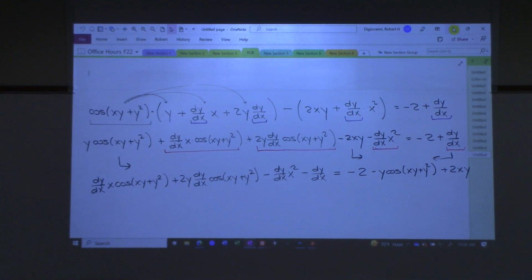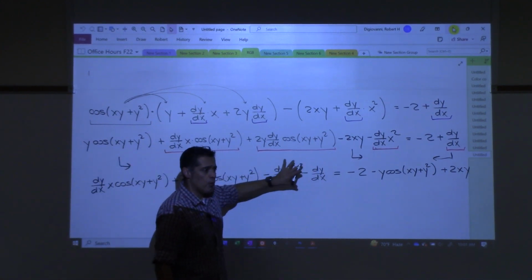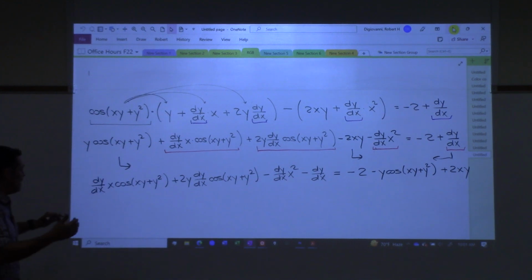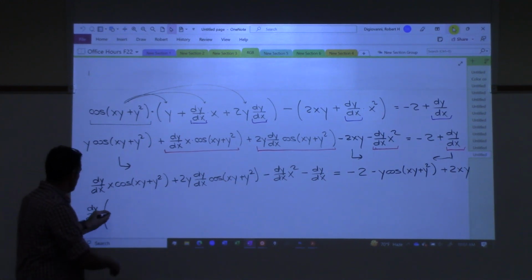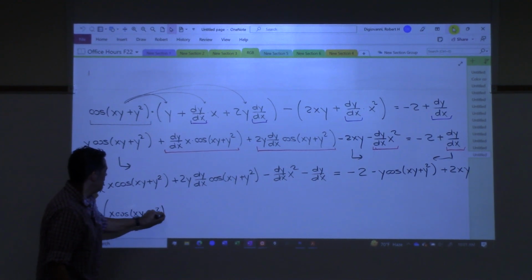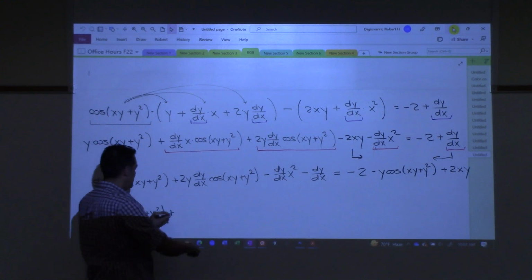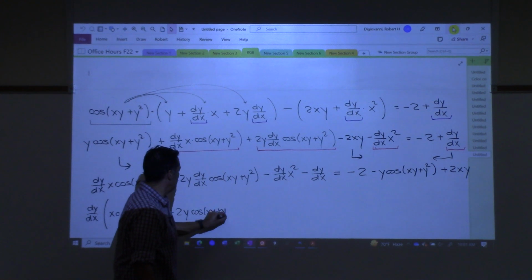We're 2 steps away. What was the point of that? So you can factor dy dx out as a GCF. So all of these over here, all 4 terms, all 4 of them have dy dx in them. So I'm going to factor dy dx out. When I pull dy dx out of this, I'm just left with the x cosine of xy plus y squared, plus when I pull dy dx out of this, I have 2y cosine of xy plus y squared.